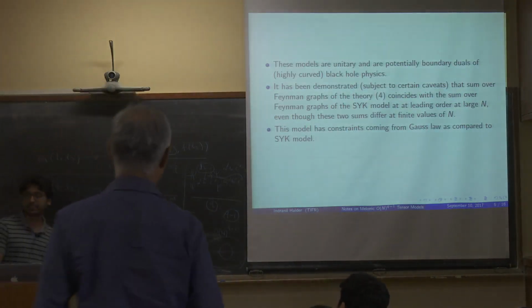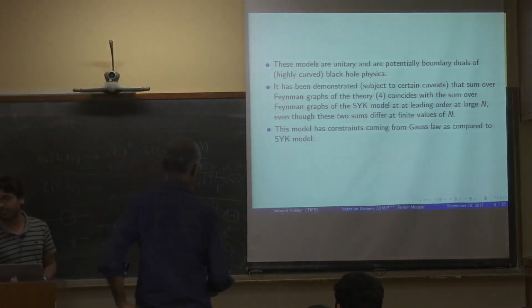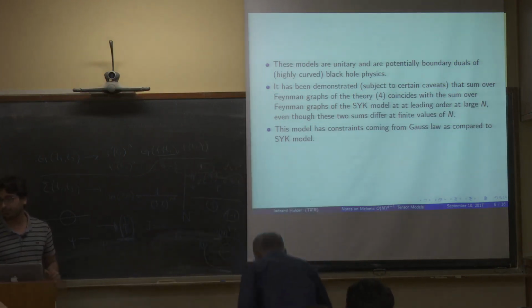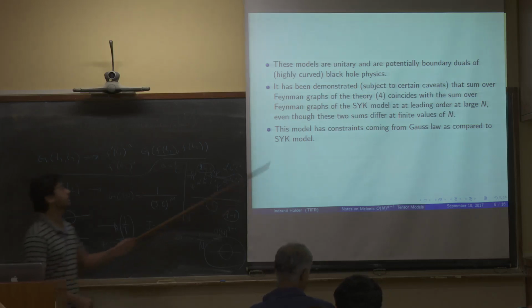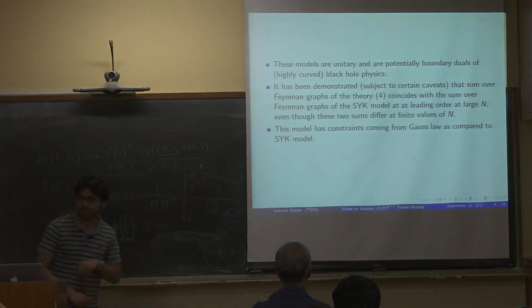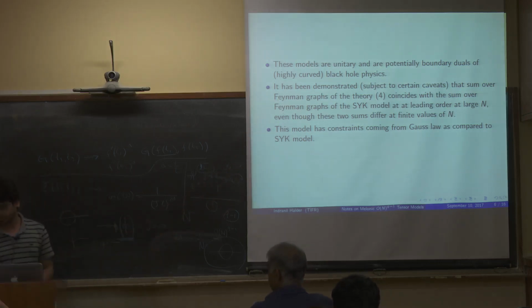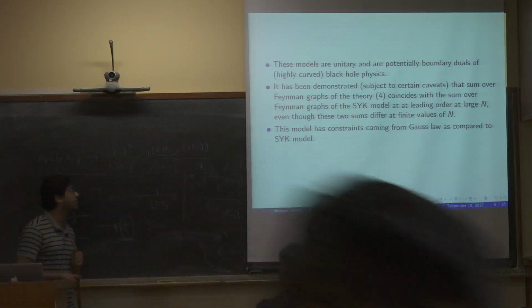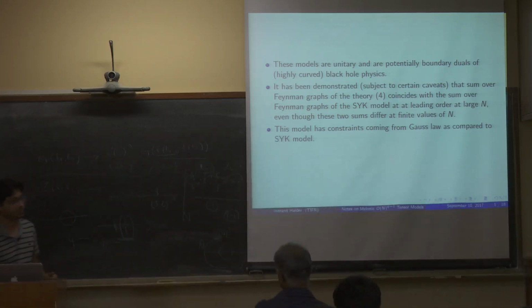Now this has nothing like some random average, so it is nice in this sense, and it is shown that this model in the large n limit, the leading order at least, matches the corresponding one with SYK. But this model has a gauge field, so it has a Gauss law, some constraints that will play a crucial role.